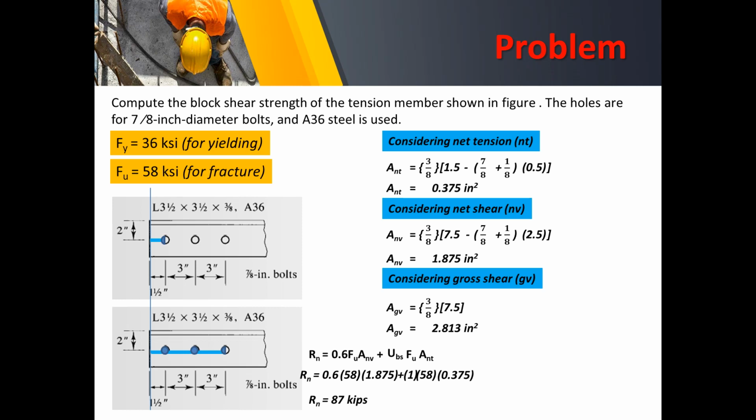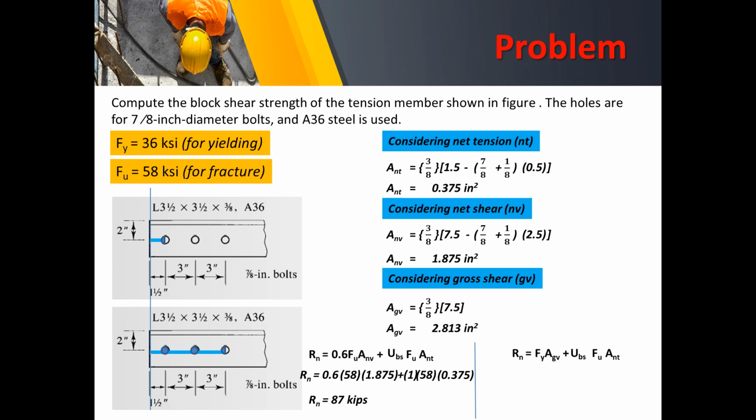So moving on to our upper limit, we use the same equation. By the way, in here, we should note that the first term of the equation is 0.6 Fy Agv plus Fu Ant.